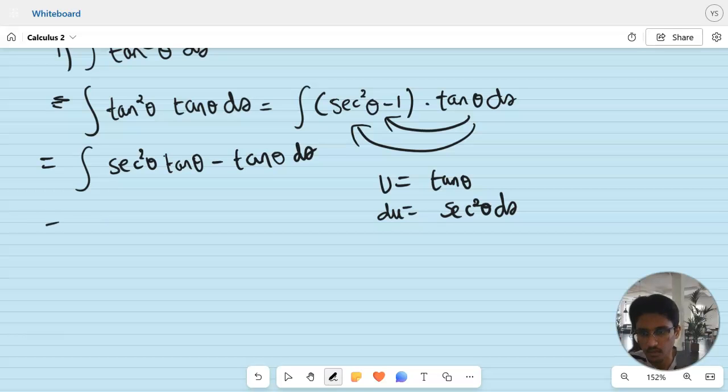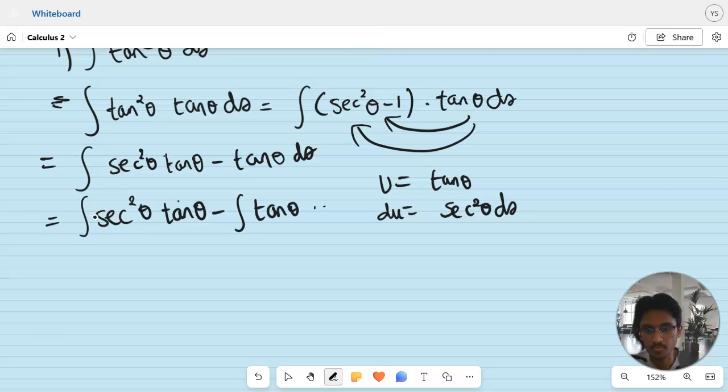And what we could do now here is do the u sub. Let's break this one big integral into two separate integrals, because that's something legally we can do. Of course, d theta to both of them.